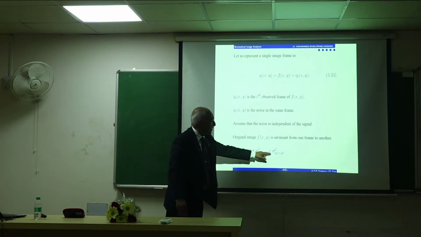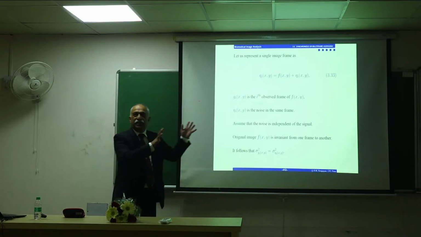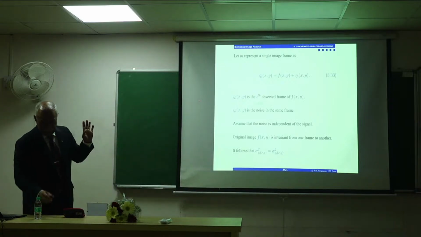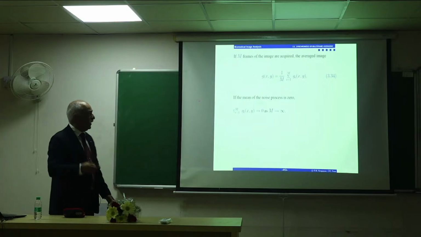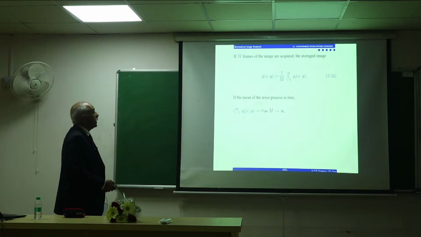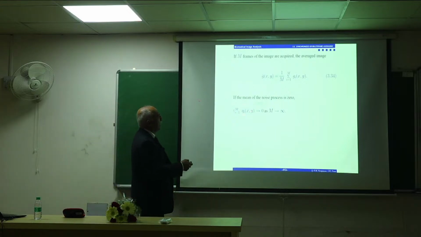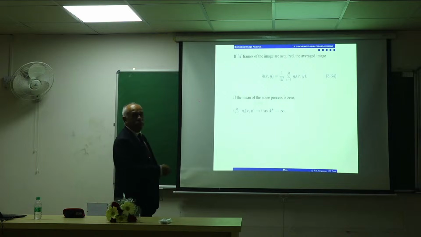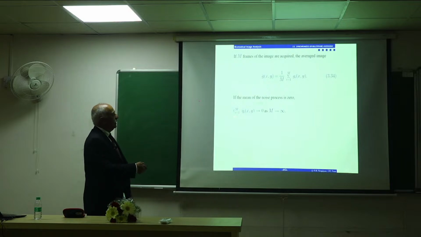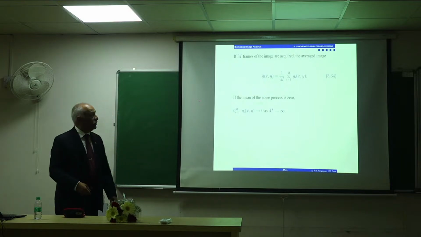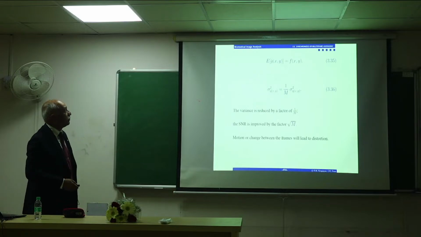variance of g_i is equal to the variance of the noise only, because the signal is fixed. f(x,y) has no variance. If M frames are acquired, g bar(x,y) is 1 over M, the sum of i going from 1 to M of g_i(x,y), just adding all the frames and dividing by M. If the mean of the noise is 0, then the average of the noise will tend to 0 as M tends to infinity, or is large.